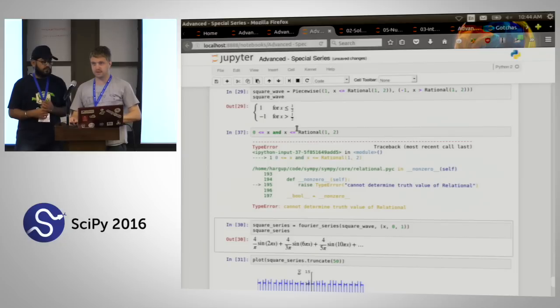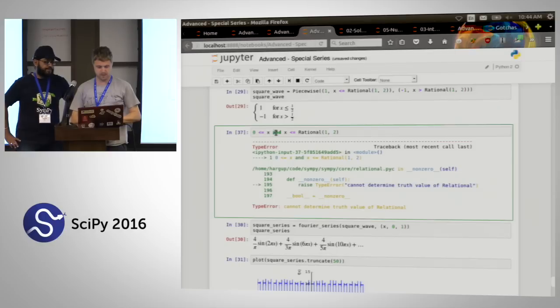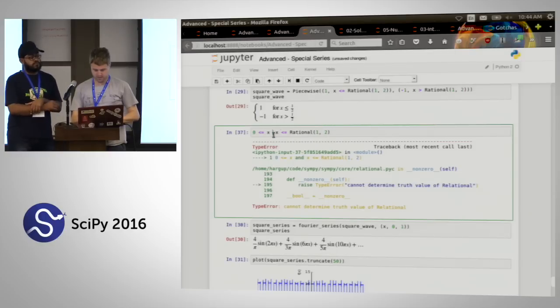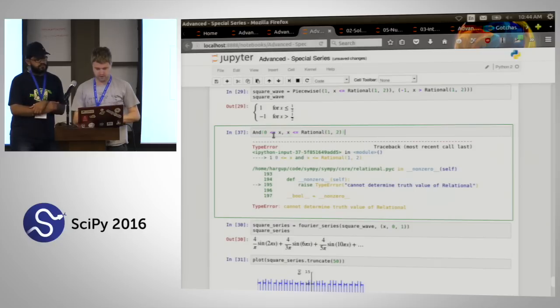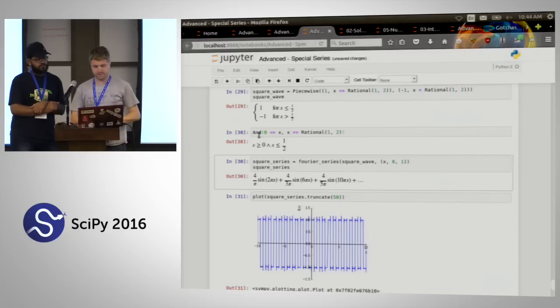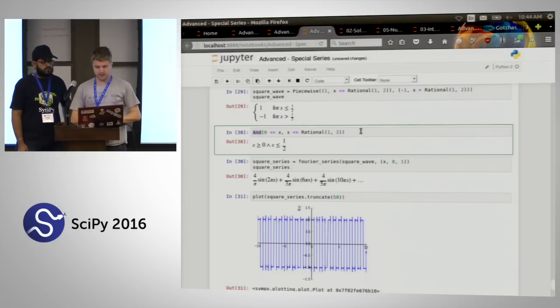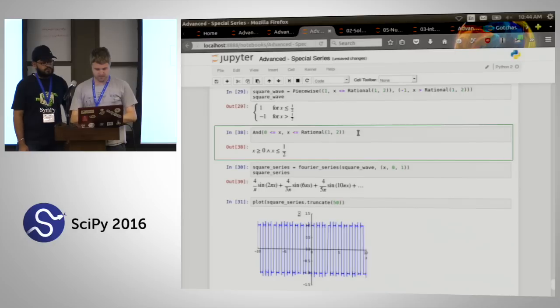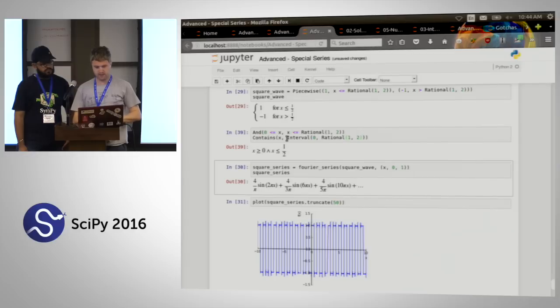It doesn't want to convert this into a Boolean because it wants to be symbolic. So what you should do instead is use the And function, or And object rather. And I think the other way you can do it is if you do x is contained in the interval from 0 to 1/2, and that'll give you the same thing as well.